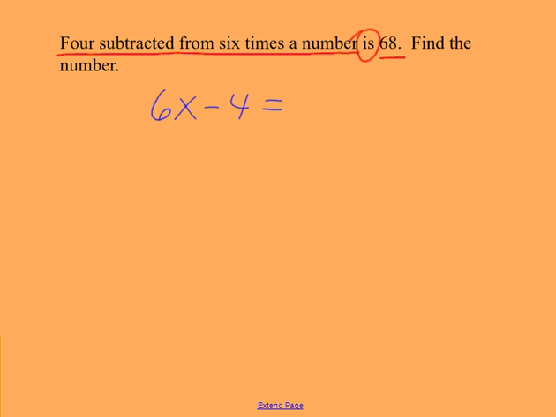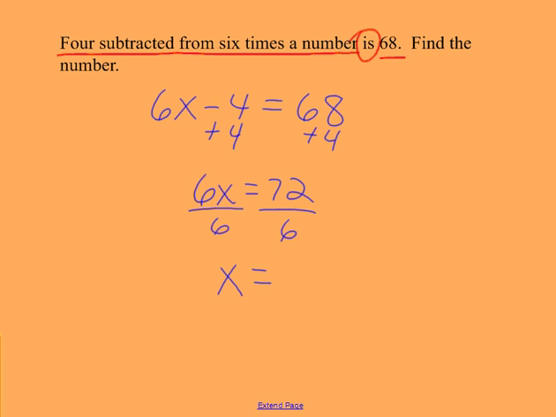So we have 6x minus 4 equals 68. And now we solve for x. Add 4 to both sides. We get 6x equals 72. Divide both sides by 6. And x equals 12.